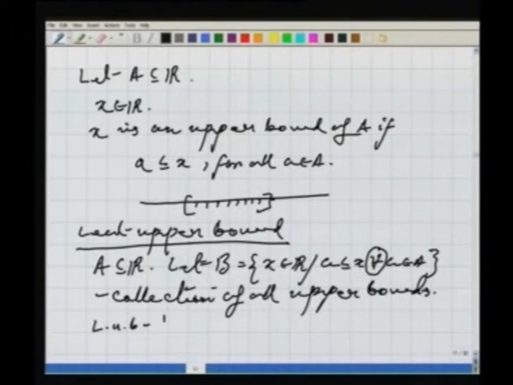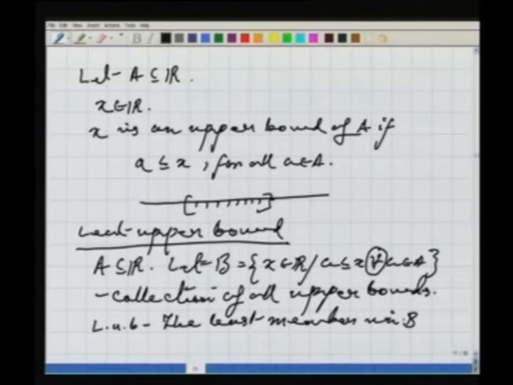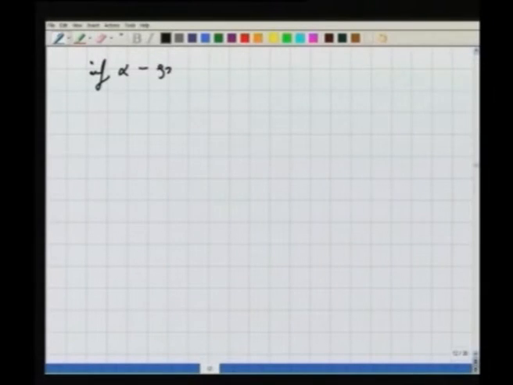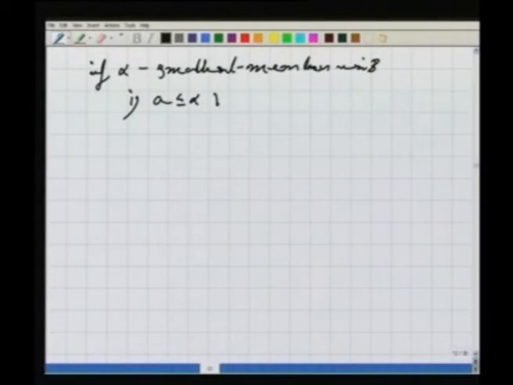The least upper bound, in short, we call it LUB. It is the least member, in other words, the smallest member in the set B. By definition, if alpha is the smallest member in B, as it is a member of B, it must be an upper bound of the set A. That is, the first condition is that a is less than or equal to alpha for all a in A. The second is that it is the least.